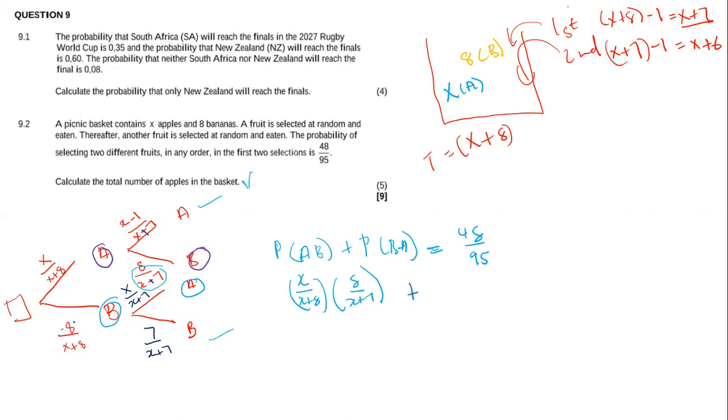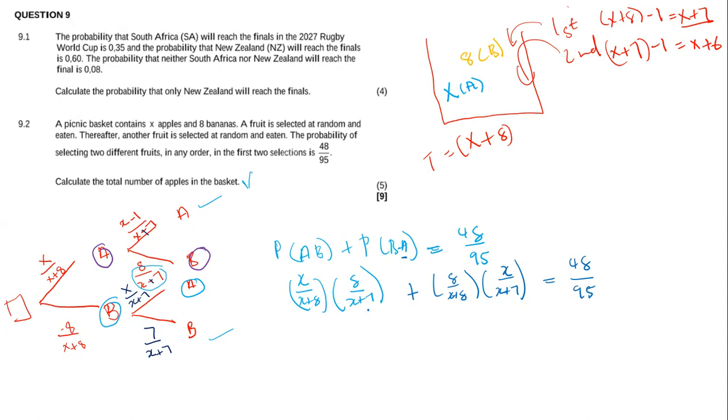Here B is 8 over X plus 8, multiplied by the probability of A, which is X over X plus 7, and this equals 48/95.